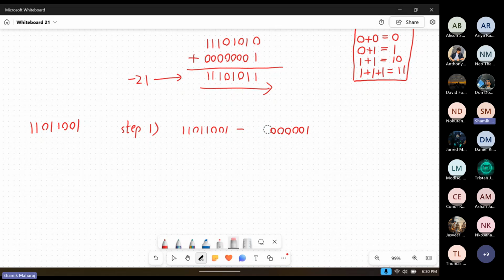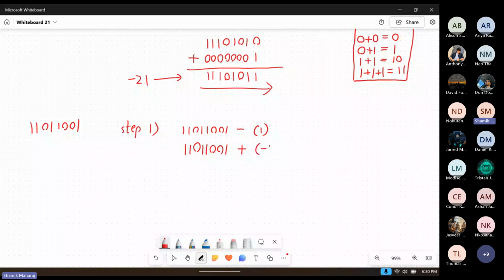We are subtracting 1, but we only know how to add in binary, right? So we need to essentially add a -1, right? We know how to add in binary, and we know how to represent negative numbers. So now we need to represent -1 so we can do this addition. Addition, I say in quotes, because that's how we're going to subtract.